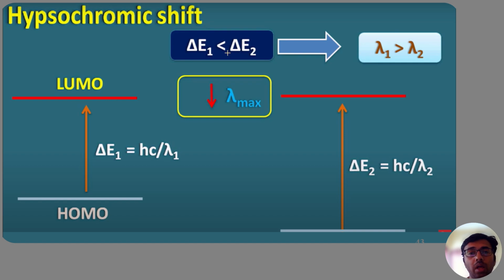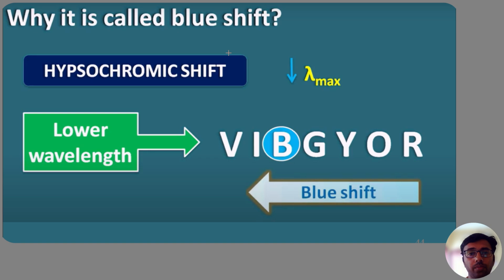Therefore, lambda max shifts toward a smaller value. This is a hypsochromic shift. Because shorter wavelengths lie toward the blue and violet region of the visible spectrum, this shift is universally called a blue shift. Any movement of lambda max toward lower wavelength is classified under this term.